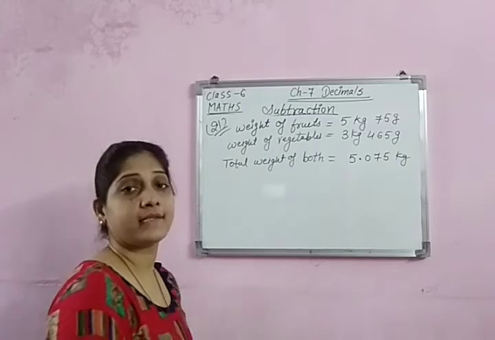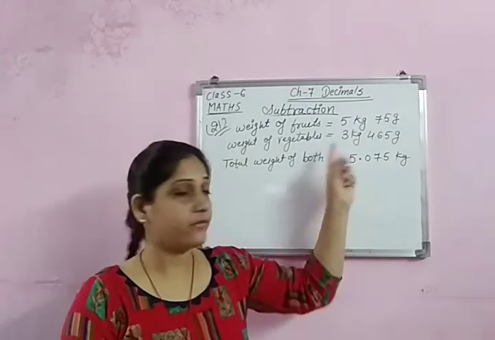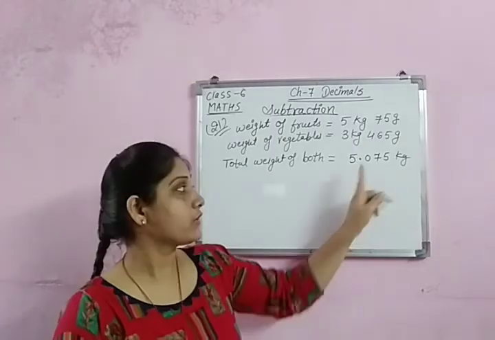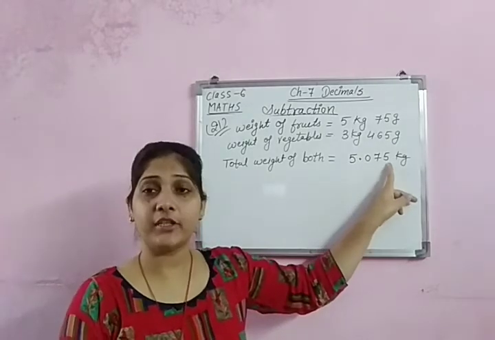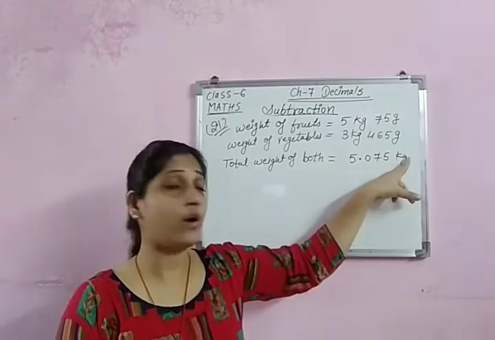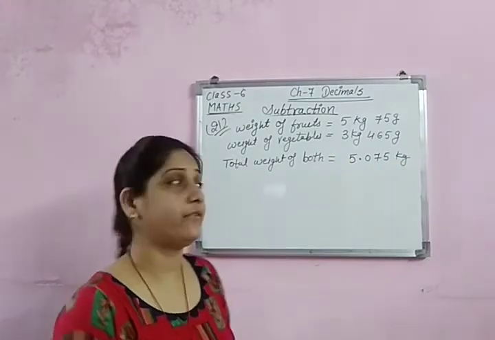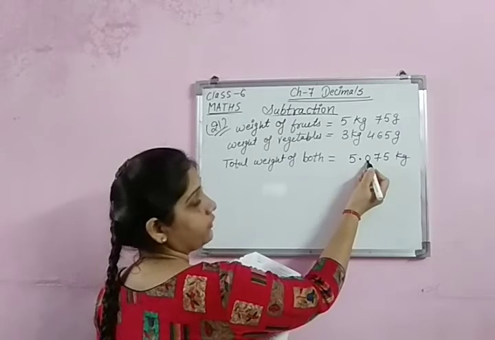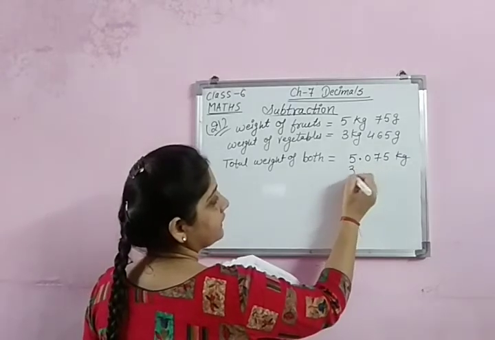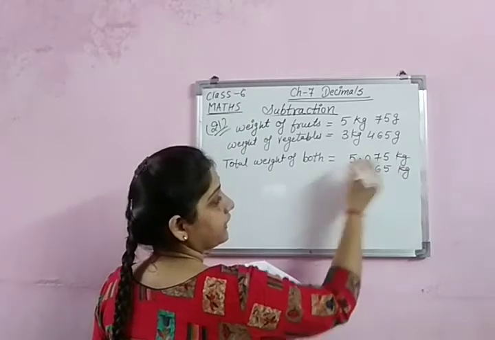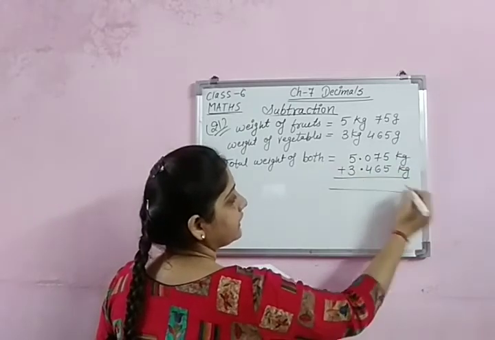This I told you in exercise number 7b, because 1 kilogram equals to 1000 gram. That is having 3 zeros. So there must be 3 digits after the point. We cannot place 0 afterwards, otherwise its value will change. 750 and it is only 75. So we have to place 0 here at the 10th place. It is already given 3 digits, so we have to write 3.465 kilogram. Bigger unit. Let's find the total weight.